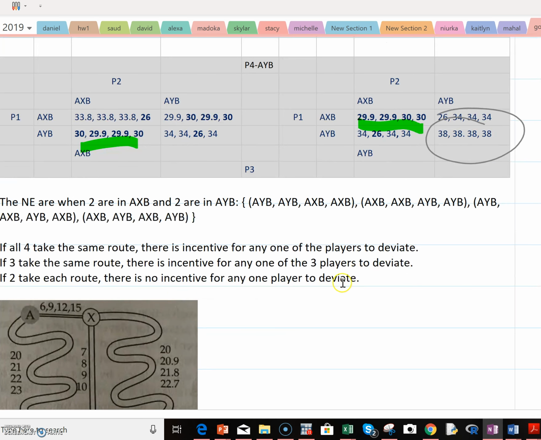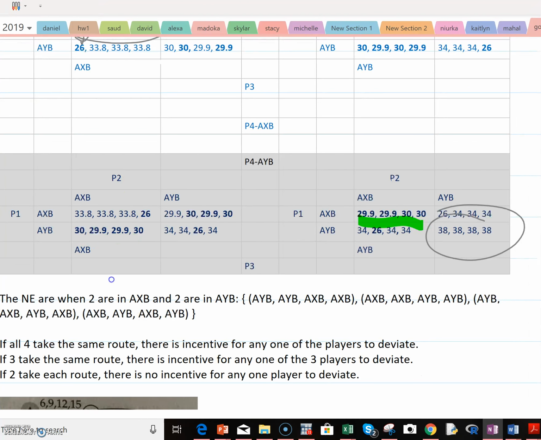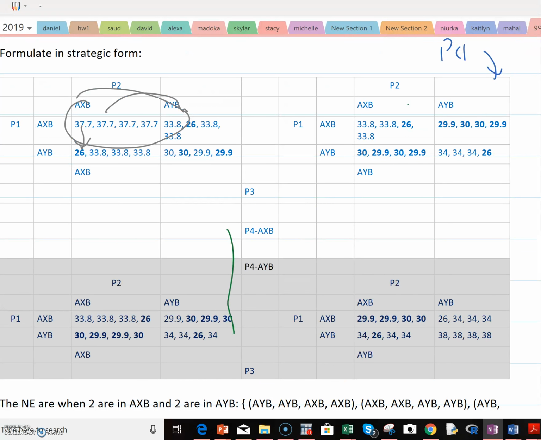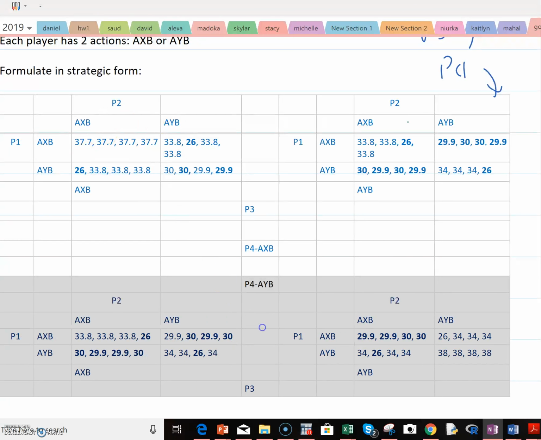If three take the same route, while the other one is alone on one route, any one of the three will have the incentive to deviate. Let's have an example of that. Say three people are on the same route. That would be this.